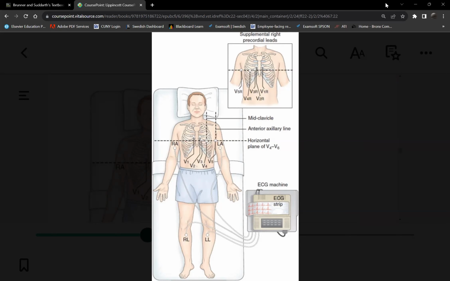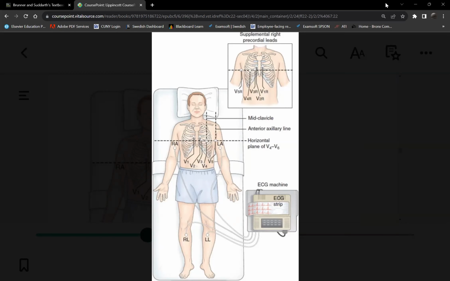So you have a literal 360 view of the heart. This helps the physician see where the anomaly is occurring, which coronary artery is blocked, where the ischemia is happening. Without a 12-lead ECG, it's impossible to make a diagnosis.